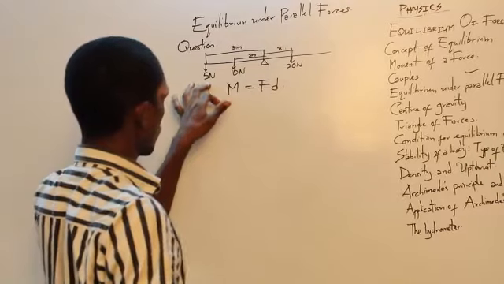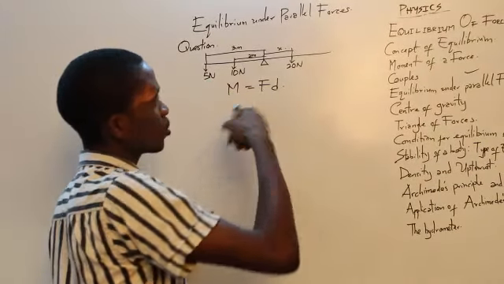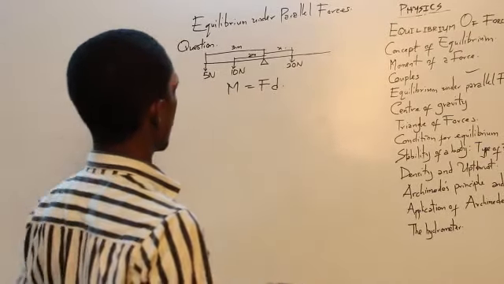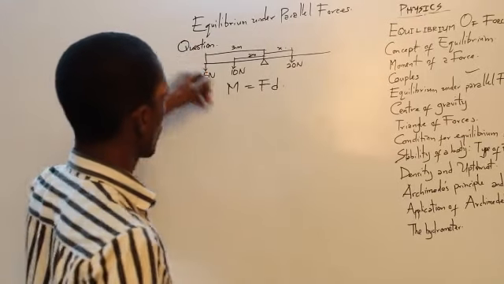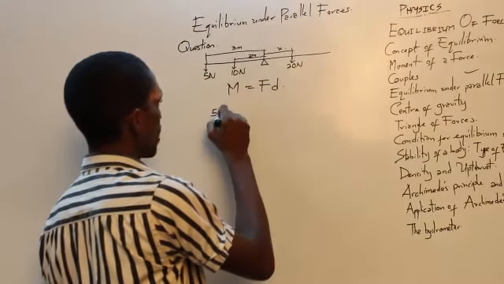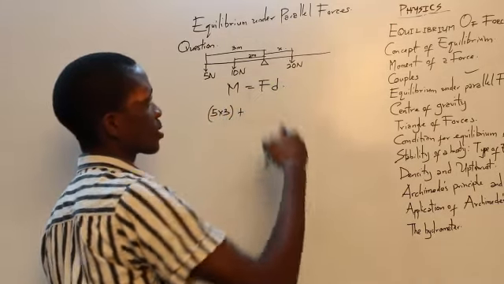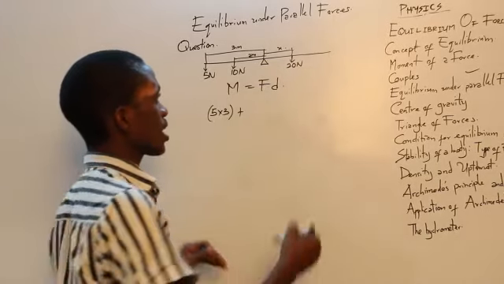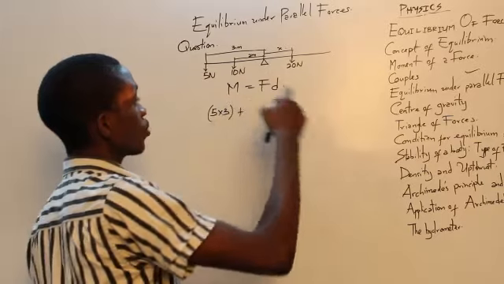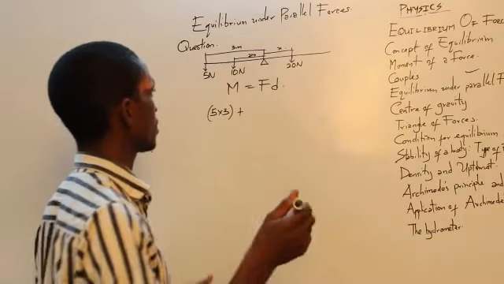So here we can pick our first force, and I said we should consider clockwise and anti-clockwise. For our left hand side we have our anti-clockwise moments here, so I'll start from anti-clockwise. The first one I have is 5 multiplied by 3, plus, we are looking for x. We're trying to find the distance where we'll place this 20 such that there will be an equilibrium, so that the beam will not swing to one side.